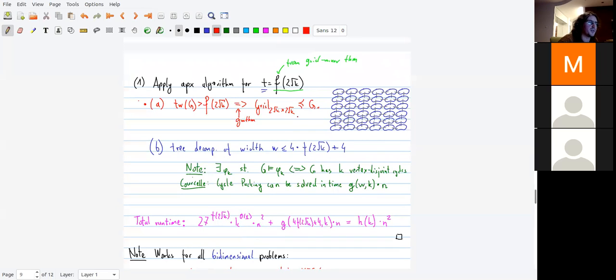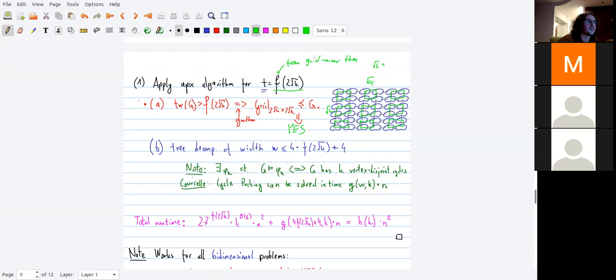And then I claim that this immediately implies that I can find k vertex disjoint cycles in my graph. So let me just draw them. Yeah, in each 2 by 2 square in my grid minor, I can find a cycle connecting those four connected subgraphs, and in this way I can get square root k here, square root k here.